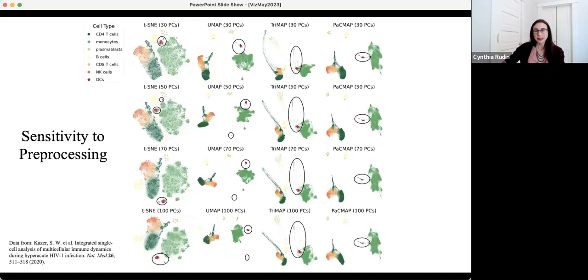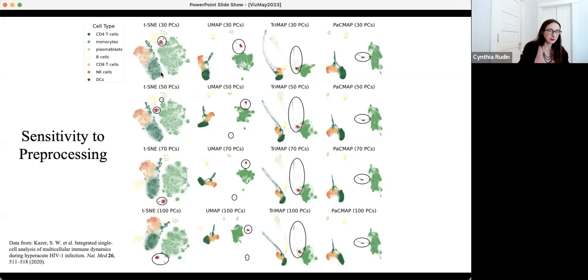Okay, and then pre-processing. Since these DR methods don't scale to an infinite number of features, a lot of people take their maybe 2,000-dimensional data set and project it using PCA to 100 dimensions. And then from there, they use the dimension reduction methods. You really don't want your choice of how many principal components you preserved to affect what the DR plot looks like.